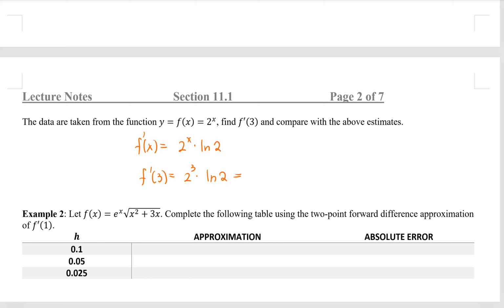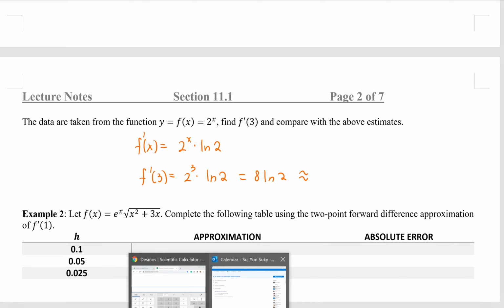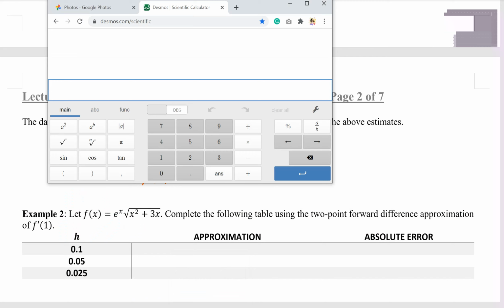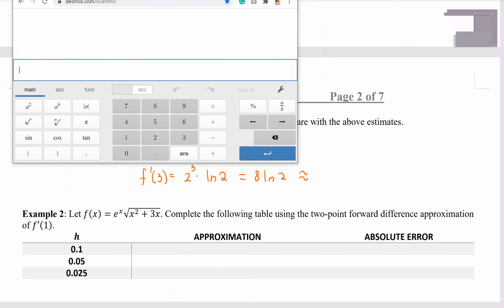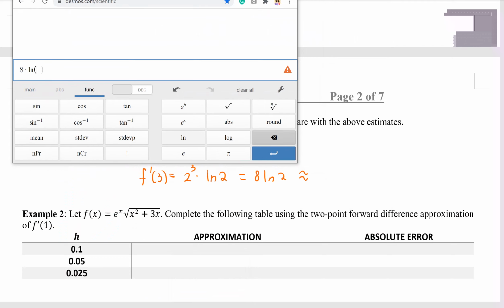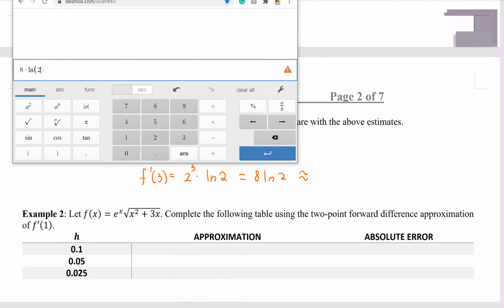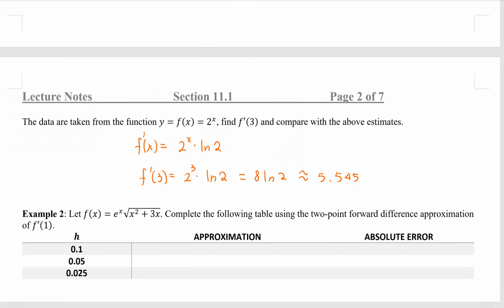So this is 8 ln of 2, which is approximately, using the calculator, 8 times the natural log of 2, equals 5.545177444. So far, so good, everybody?